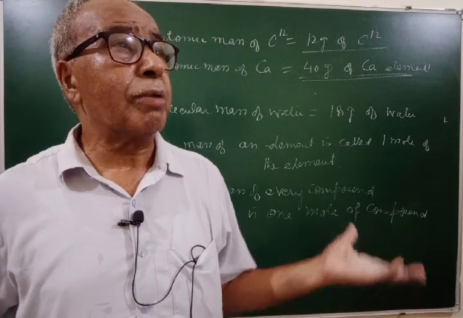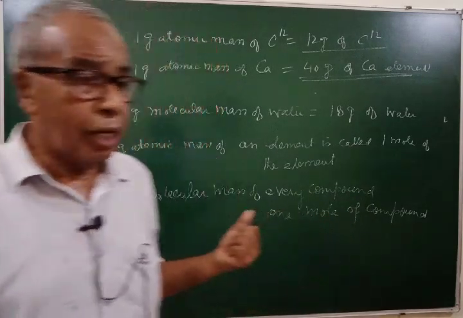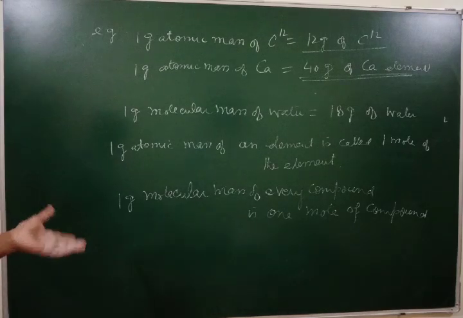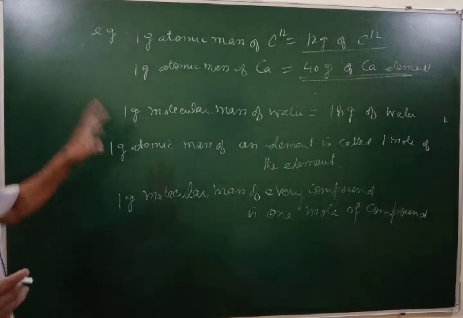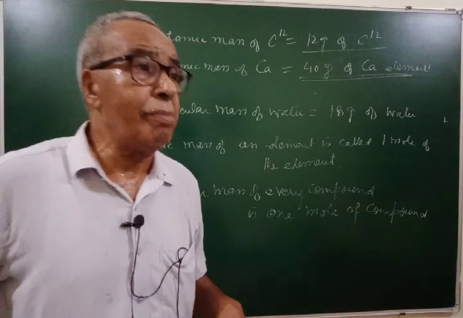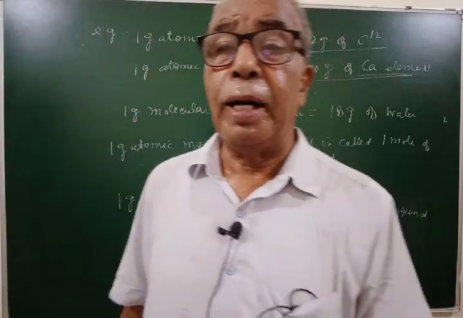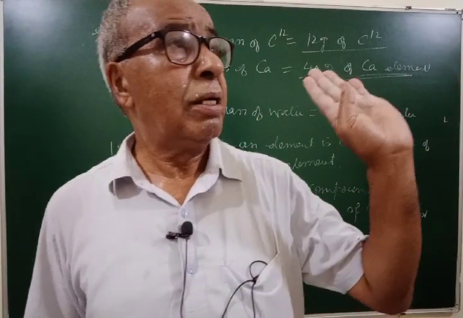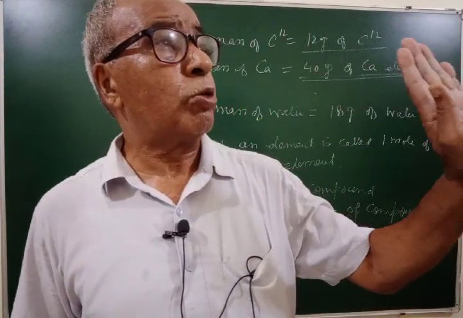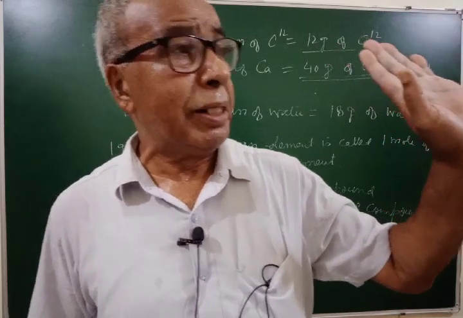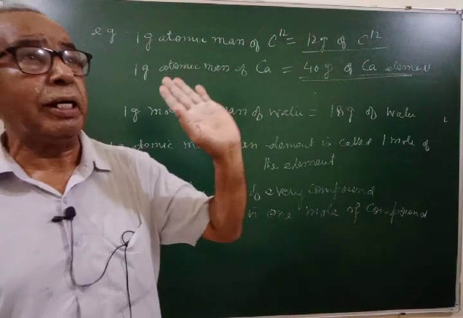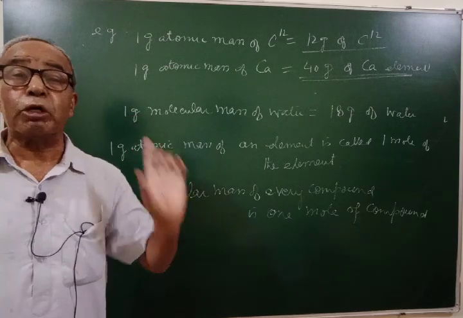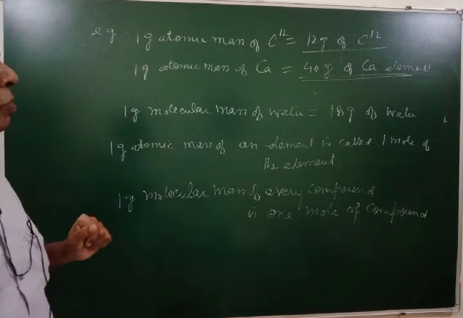I don't know where they are going. They are actually changing the mind of students from actual facts. So please remember, 1 gram atomic mass of an element is 1 mole of the element, and it has 6.02 times 10 to the power 23 atoms of that element. And that way you can estimate the mass of one atom in gram or kilogram also.